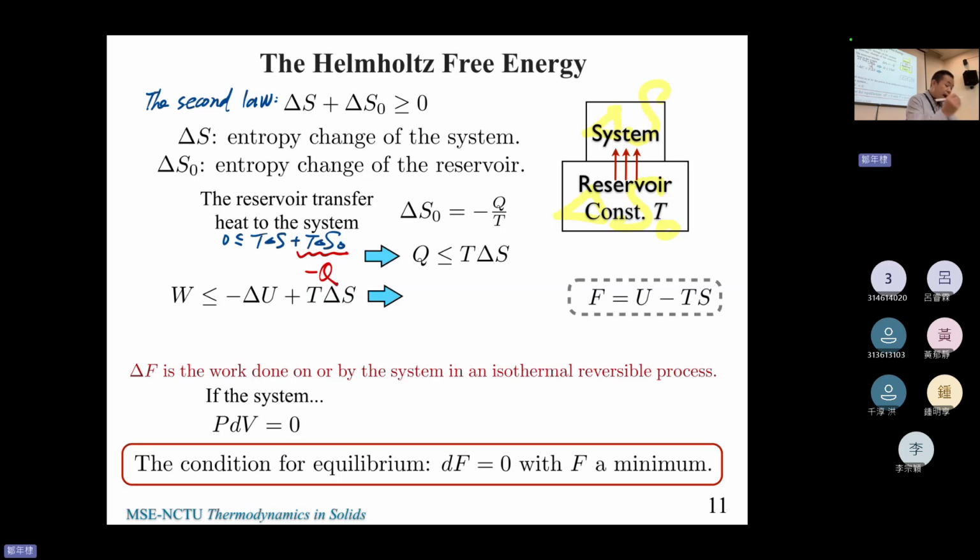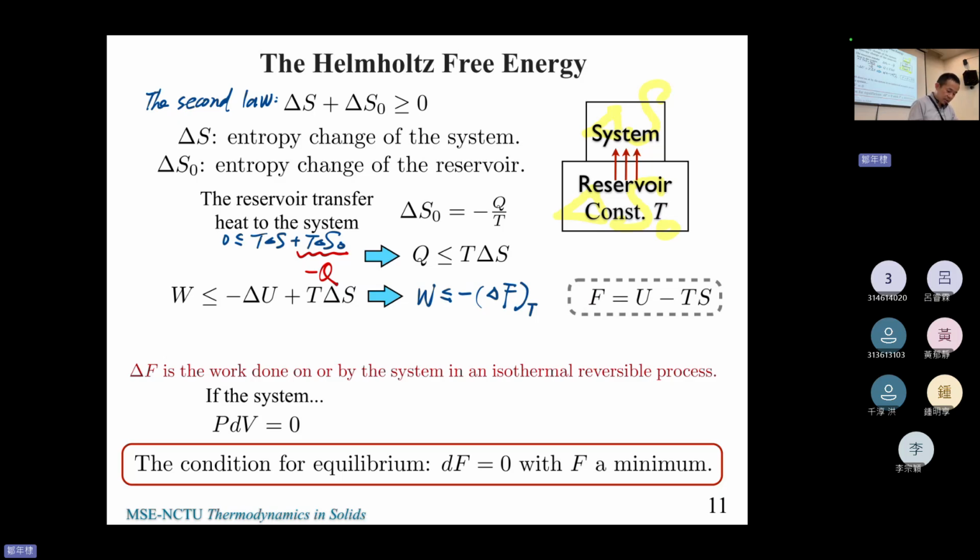Now we can name it the Helmholtz free energy. We define F as U minus TS. So we can say that W is less than or equal to minus delta F, at constant T. F is a function of temperature and volume, so here we have constant temperature.